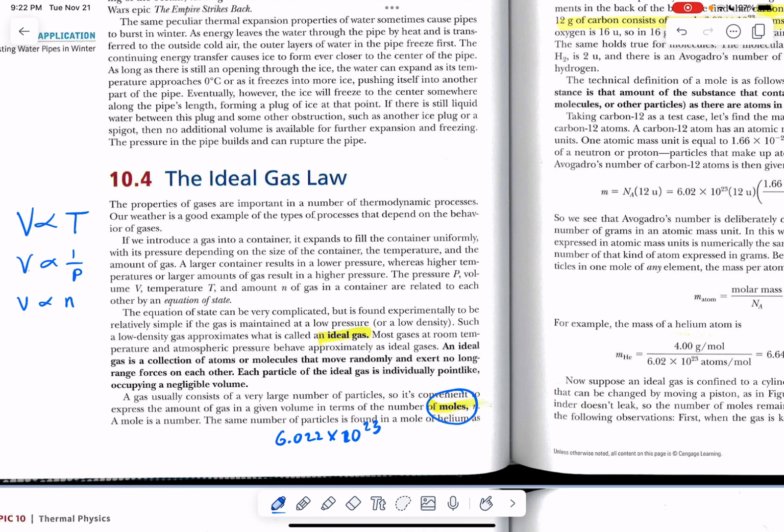So when I put all three of these ideas together, that volume is going to be proportional to the amount of gas in moles, the temperature of the gas, and inversely proportional to the pressure. I obviously need a proportionality constant, so we can say that volume equals some proportionality constant, we'll call that R, times NT over P, and the R stands for a person's name.